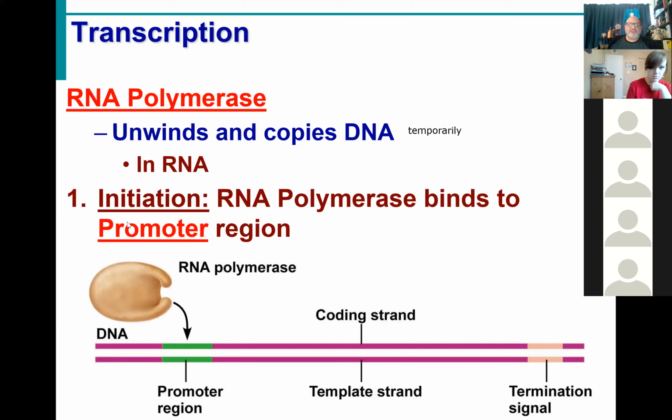Step 1, as we mentioned, is initiation, where our RNA polymerase finds that promoter region, a special sequence of nucleic acids that tells it this is the beginning of the gene. Notice here we have our 2 strands of DNA. One is the template strand, which again has the information we want, whereas the coding strand, remember, is just the complementary strand of it.